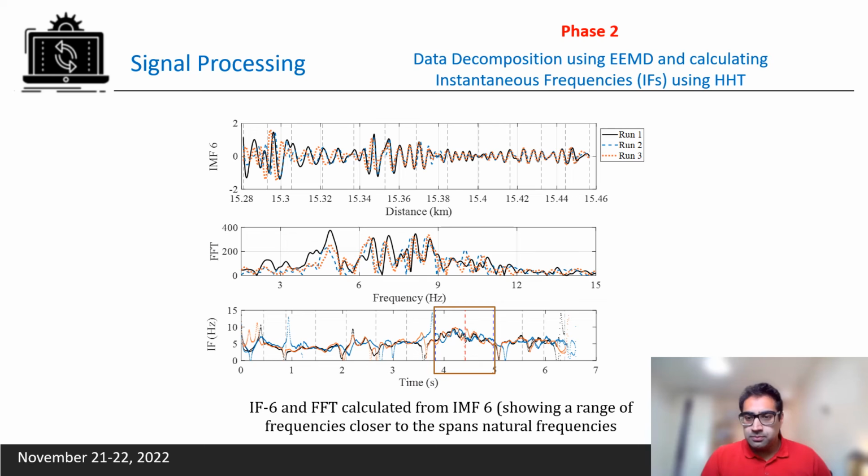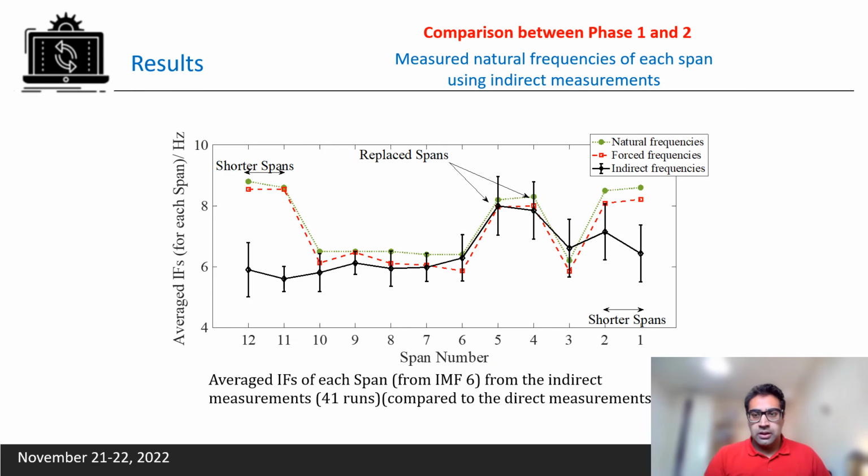In the bottom figure, the box area represents the time when 3 trains traverse over the new spans. In phase 2, an average of the instantaneous frequencies from the 6th decomposed signal is calculated for each span to estimate its natural frequency. Here, the resulting frequencies are plotted in the form of error bars from the 41 runs of the train and compared with phase 1 of direct measurements.